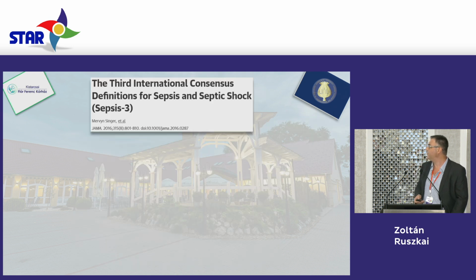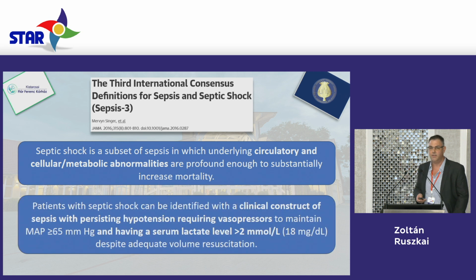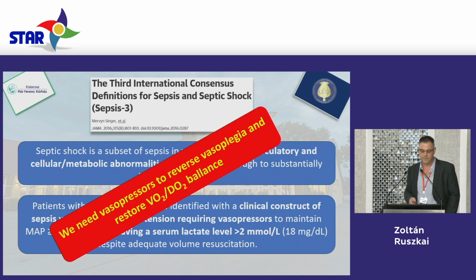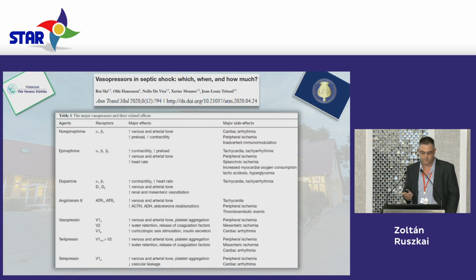So we have to give something, because these signs indicate circulatory and metabolic or cellular abnormalities. So this patient needs vasopressors to reverse vasoplegia and restore the balance between oxygen consumption and delivery.